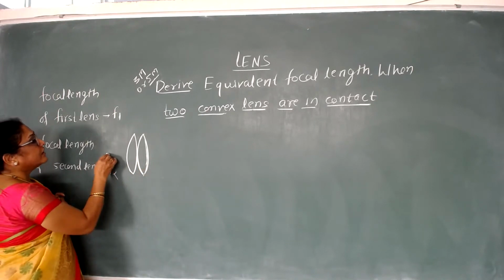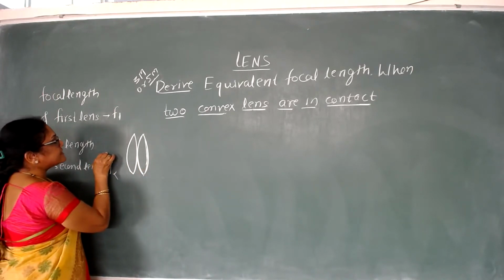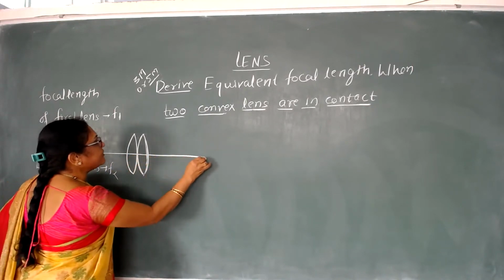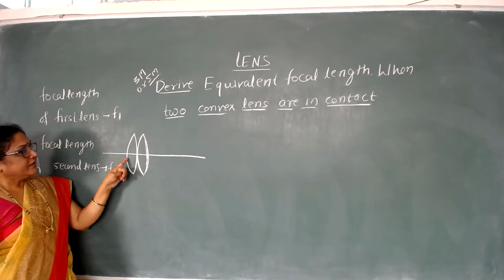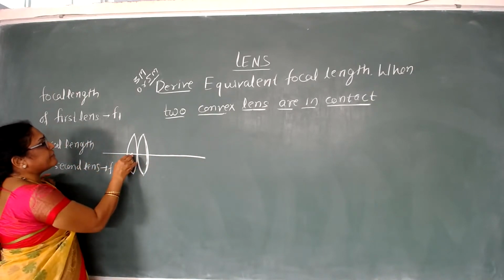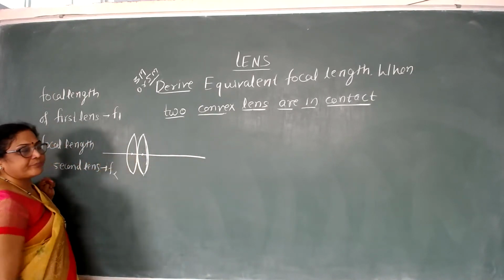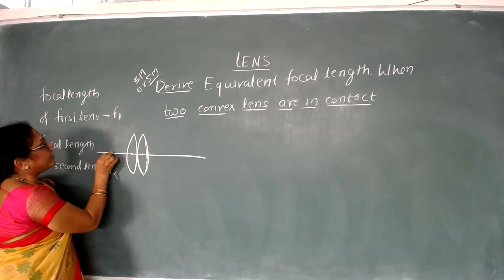Here, draw a principal axis which passes through the optic centers, both the optic centers. Suppose this is the first optic center and the second optic center.